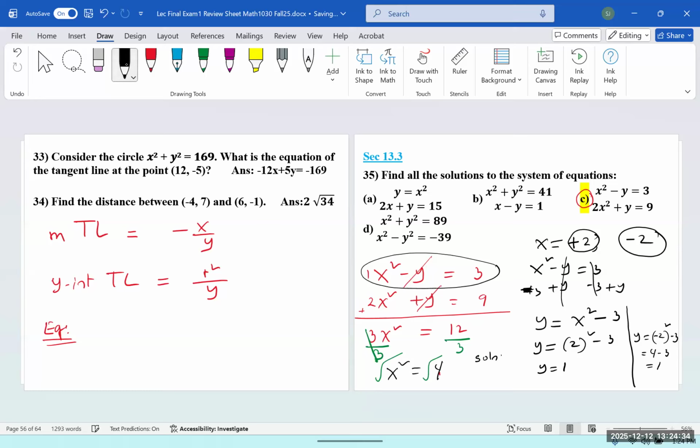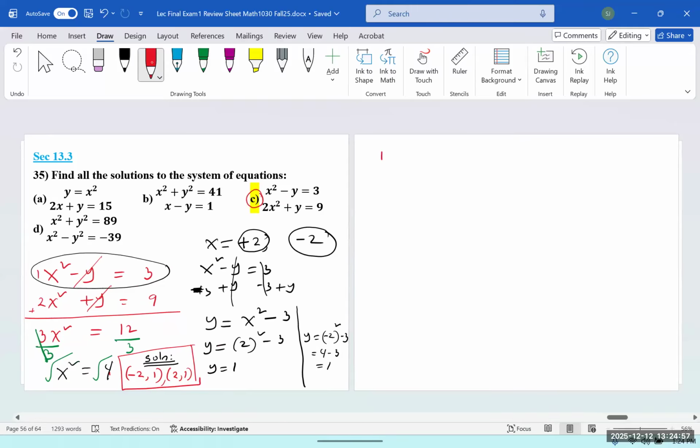So our solutions are (-2, 1) and (2, 1). 2 solutions. In the multiple choice, you'll also see one of them. Like maybe your option 1 is (-2, 1). Your option 2 is (2, 1).